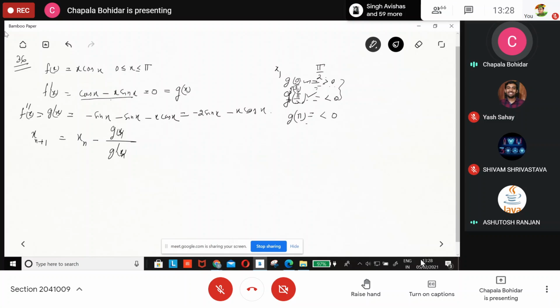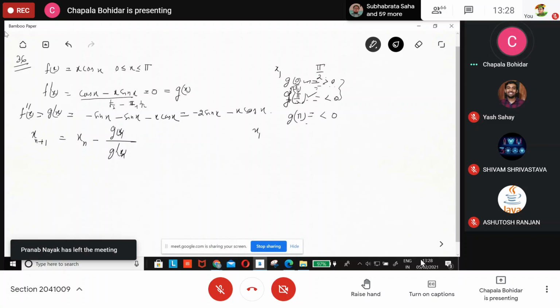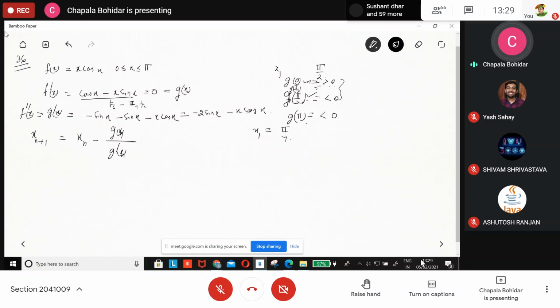Pi by 4, it is 1 by root 2 minus pi by 4 times 1 by root 2. It is less than 0. Okay. So let us consider x1 is equal to pi by 4. Do your iteration.